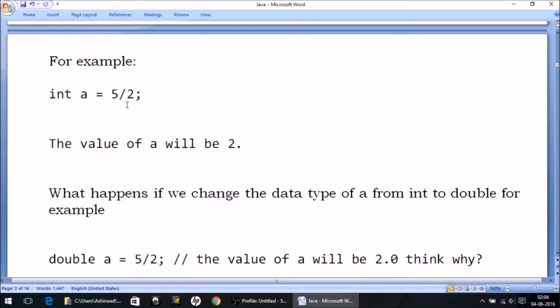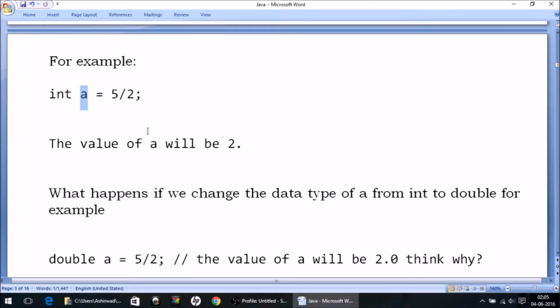Of course, it will give us the quotient, but there is a big problem here. 5 divided by 2 is mathematically 2.5, but we cannot store 2.5 in a because its data type is int. You remember the int data type? It does not allow us to store fractional numbers. So what it does is it divides 5 by 2 and stores the result 2 instead of 2.5 in a.